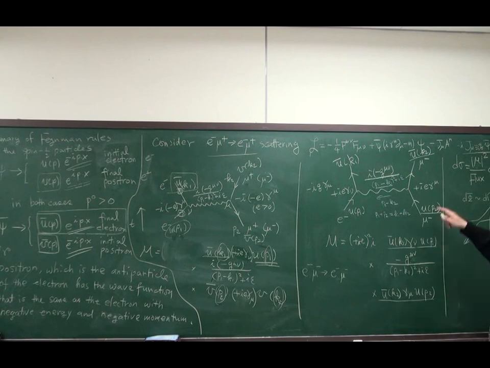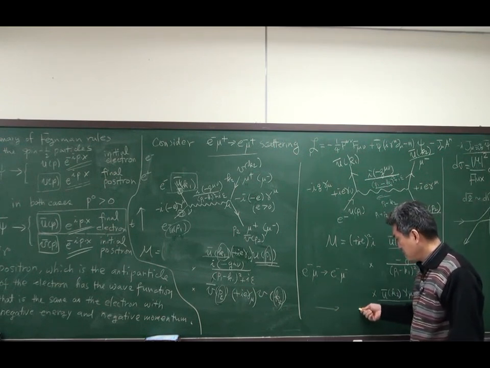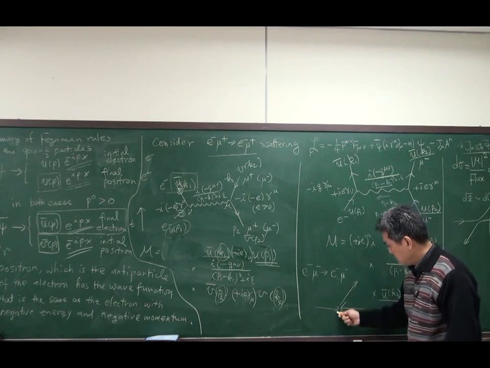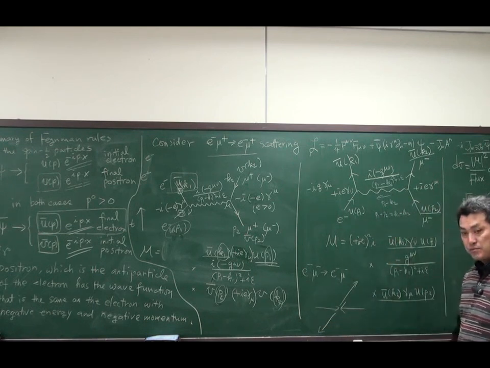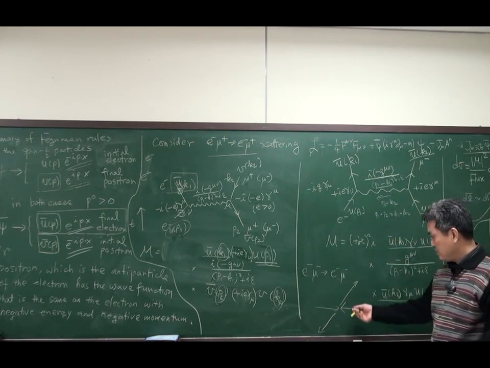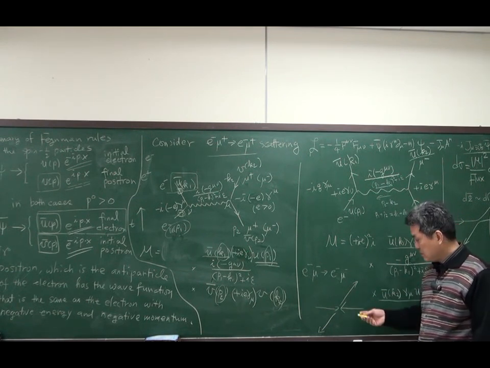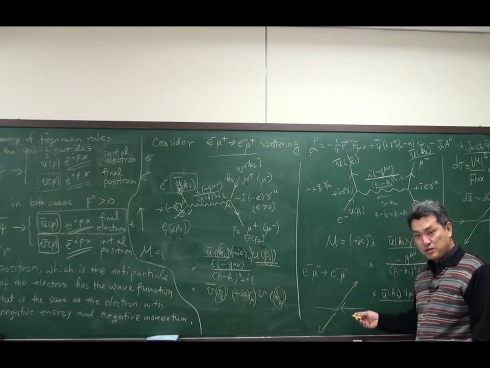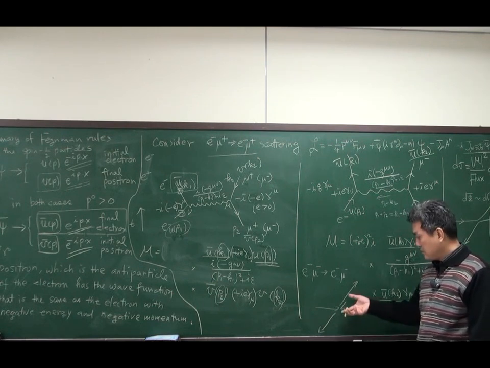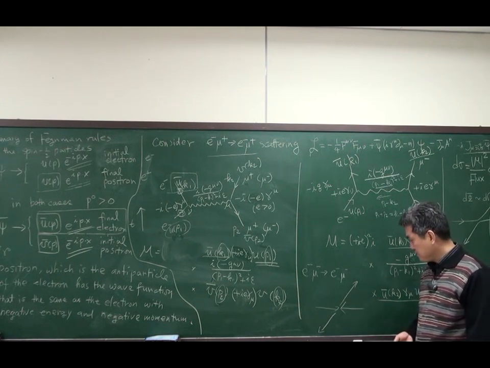So when you square this, you divide by the flux and multiply by phase space. In this kind of case, we have head-on collision of two particles, and in the center of mass frame, the center of momentum frame, the two particles will be back to back because the three momentum of the initial state is 0 and the three momentum of the final state is also 0.